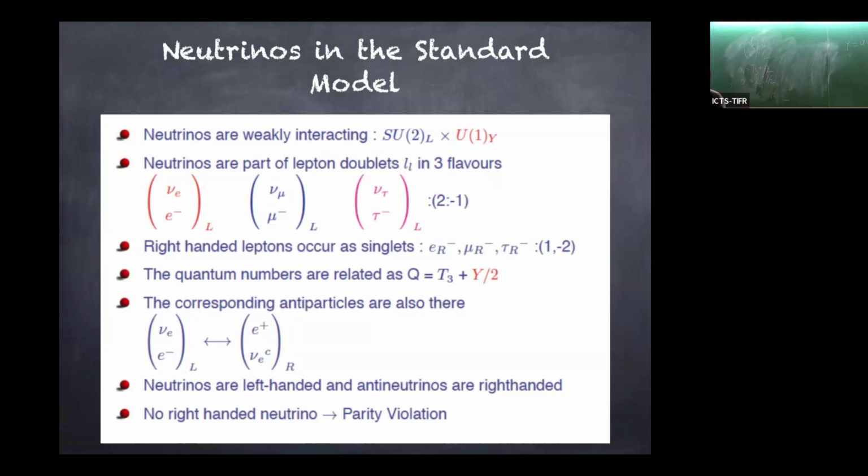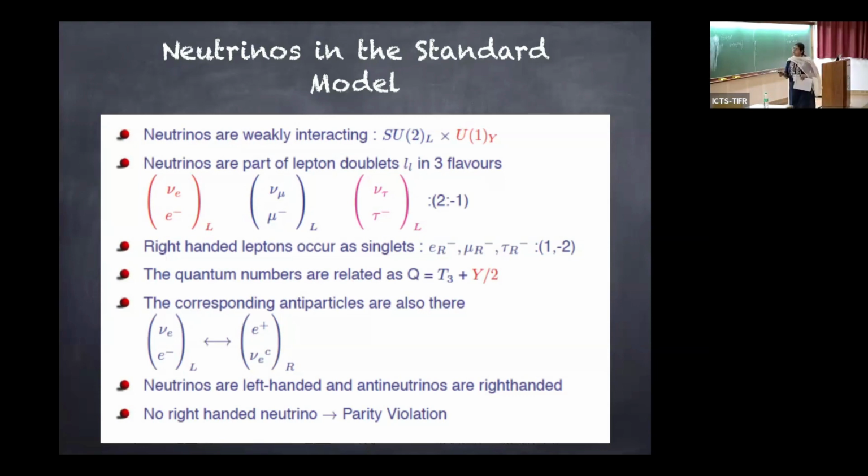Similarly, the right-handed leptons occur as singlets. Here it is a singlet, so the SU2 quantum number is 1, meaning this is a singlet under SU2. So here, say the charge is minus 1, then minus 1 is Y by 2, so Y is minus 2, right? So these are the hypercharge assignments. We have the antiparticles also, as we have seen.